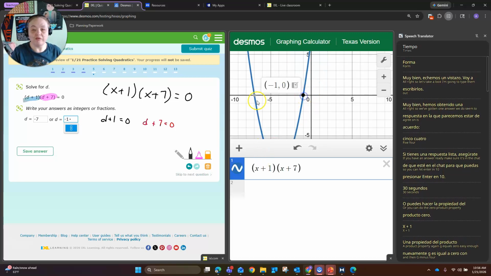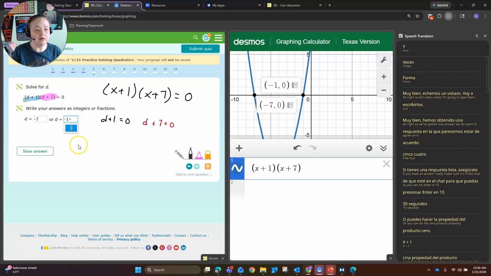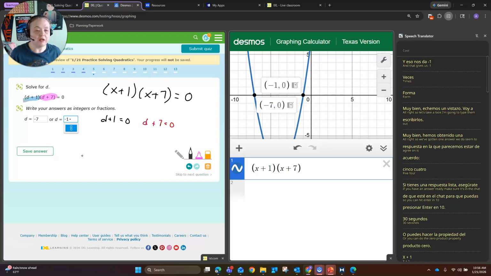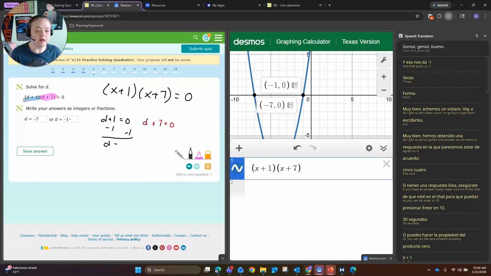And that gives us -1 and -7. Cool, good job. And if you're doing it with the zero product property, you can just go ahead and do this. The equals -1.